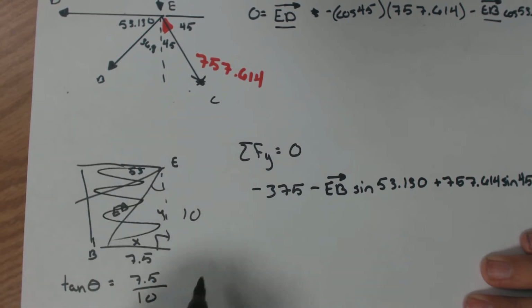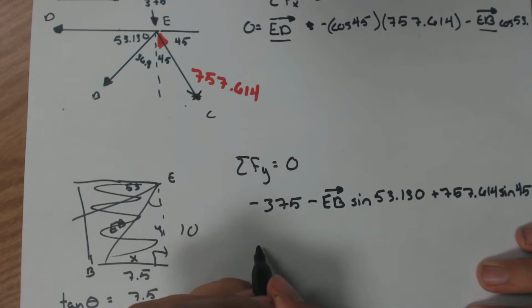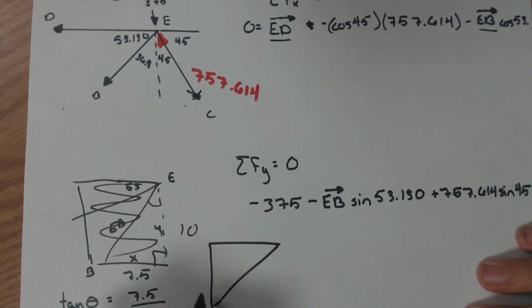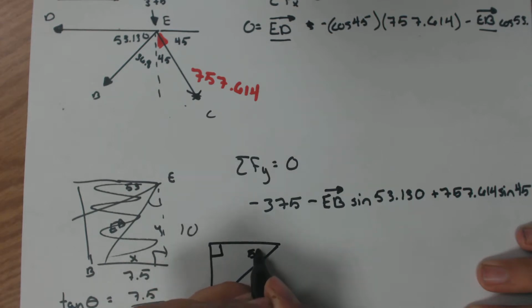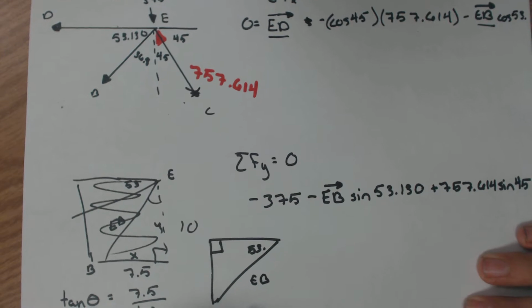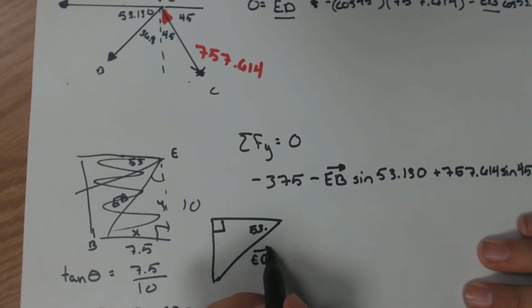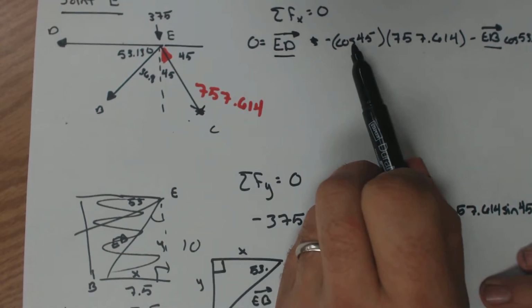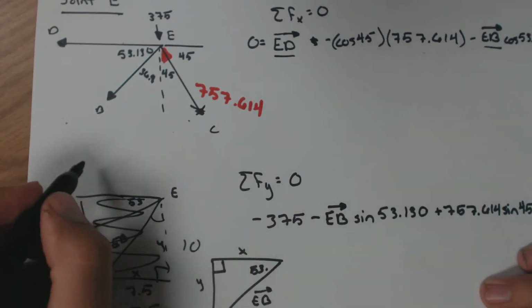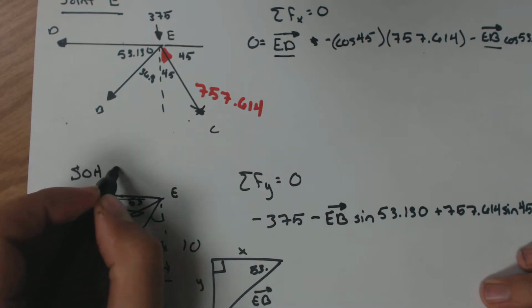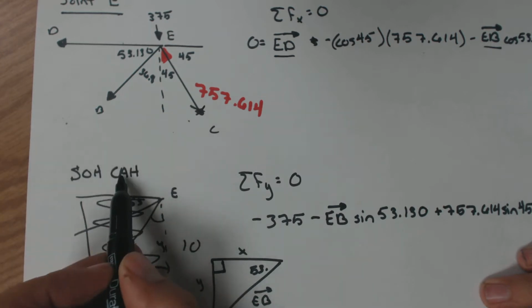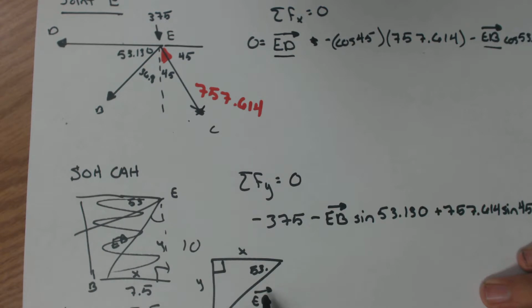Nope, that doesn't quite work there. Sorry about that. We're coming here, over, and down. This is a 53-degree angle. Here is EB, x component, y component. Cosine up here, if I write SOHCAHTOA, adjacent over hypotenuse.